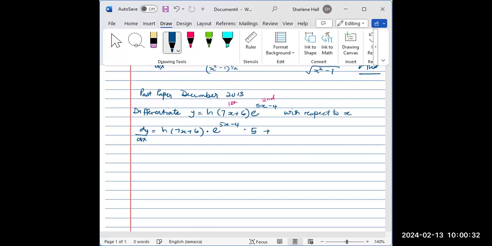Plus the second, which is plus e to the 5x minus 4 times the differential of the first. When I differentiate the ln function, what do I get?